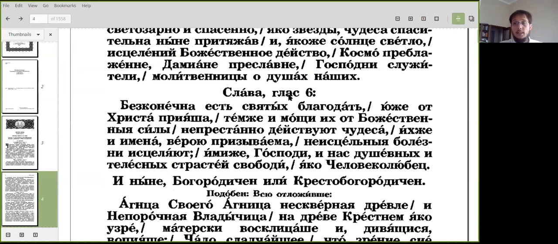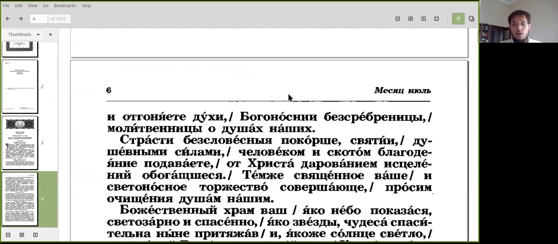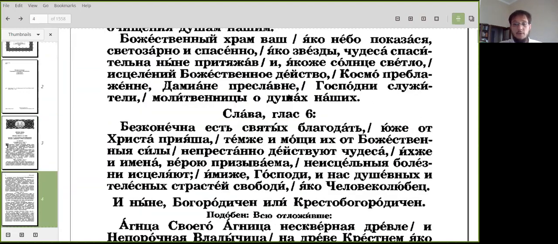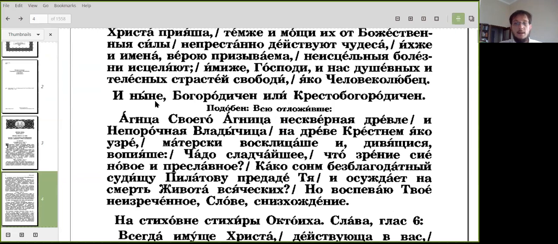The doxastikon is most often in a different tone than the tone of the stichira. And then it says at both now, Theotokion or Staro-Theotokion, and it prints for you the Staro-Theotokion, but it does not print the Theotokion. The English has the same thing.